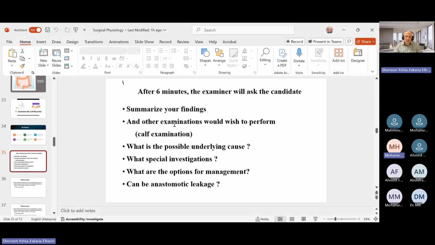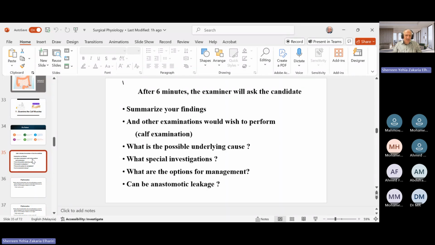So can it be anastomotic? No, the examiner would say it's not an anastomotic leak, because I made it a right hemicolectomy. If I had mentioned a left hemicolectomy, I would have to put a colostomy bag. So I recognize that. Next exam, we can put a colostomy bag to mimic the real situation.